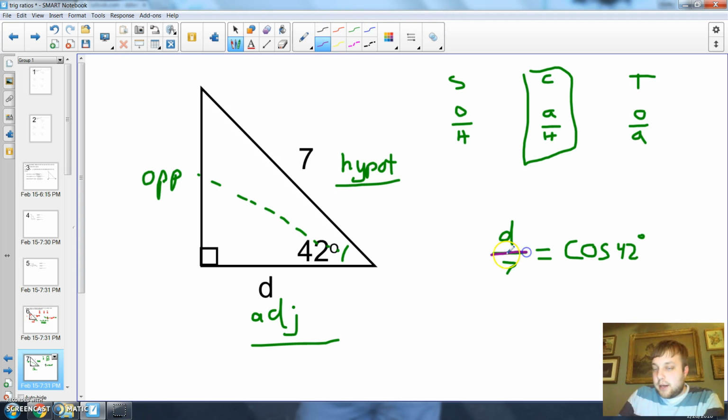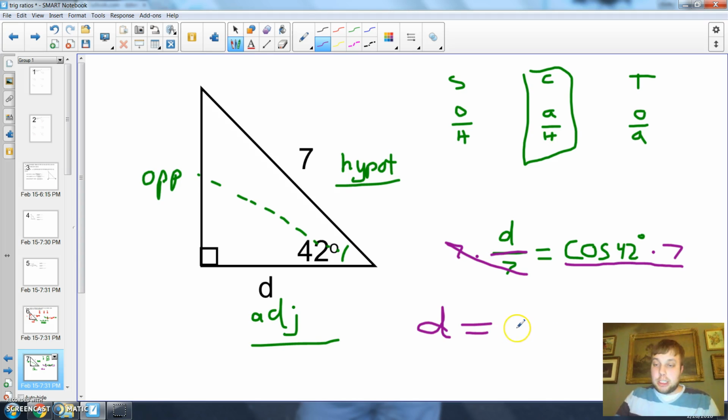Once again, that's divided by 7, so I'm going to multiply by 7 on both sides, and D equals cosine of 42 degrees times 7. You guys got that in your calculator? You better be practicing. Pause it if you need to.